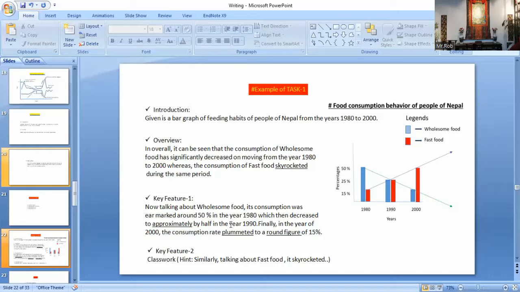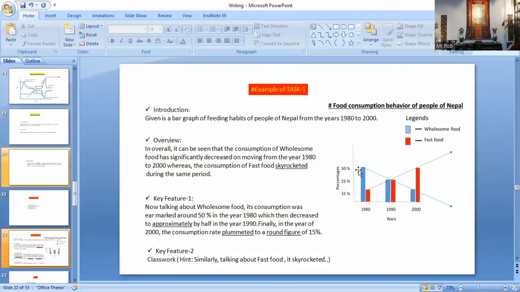Now talking about wholesome food, its consumption was earmarked around 50% in the year 1980, which then decreased by approximately half in the year 1990. You see, this one is approximately 25% and is half of 50%. So you have to compare whenever possible.